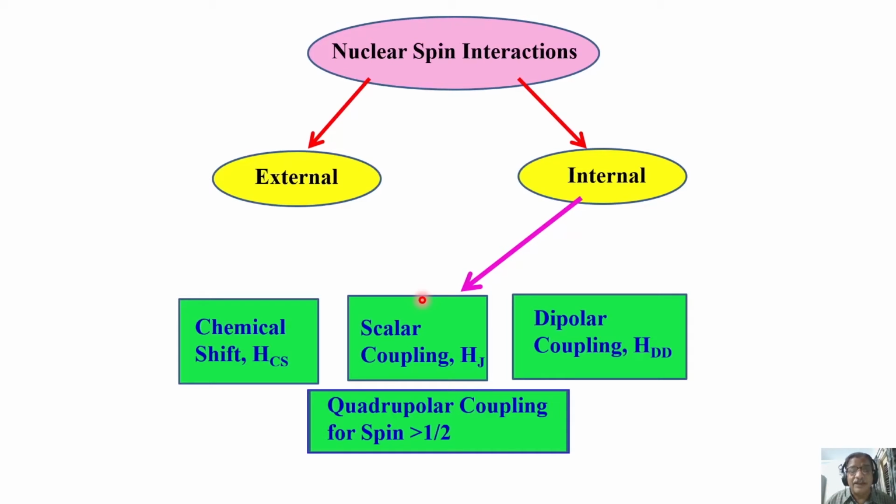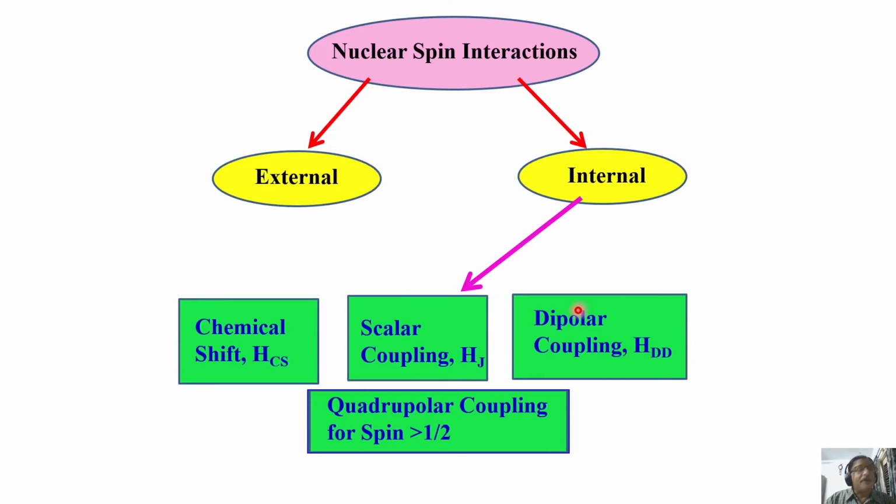That is another type of interaction between the nuclear spins through space, called dipolar coupling, dipolar interaction. This is orientation dependent. Remember, this depends upon the orientation. We'll discuss more when we go to coupling interactions.